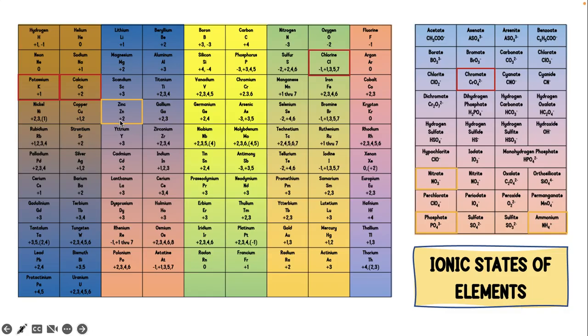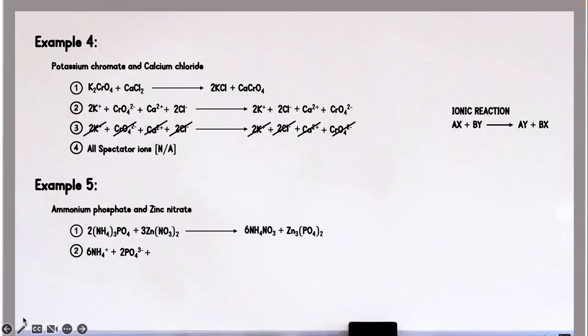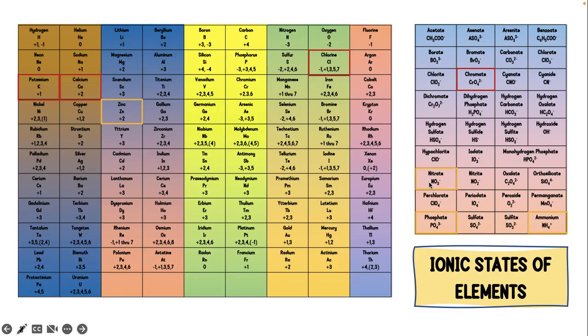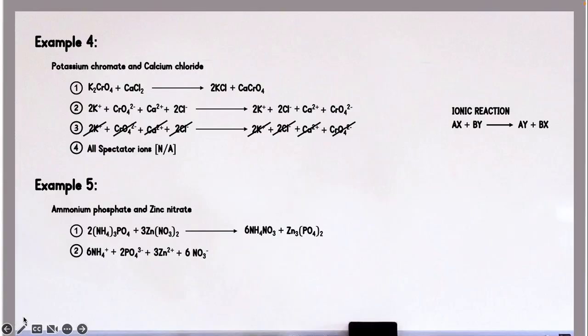Zinc is 2 plus. And nitrate is minus. Okay, so we'll just rewrite it again. Remember, zinc phosphate is a solid, so that does not break into any ions.